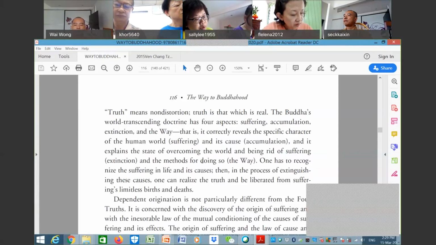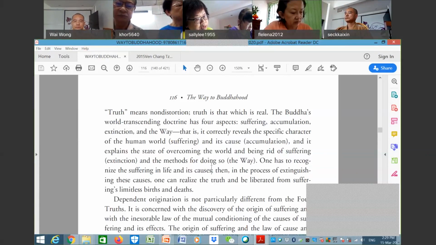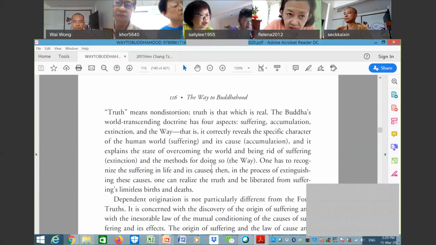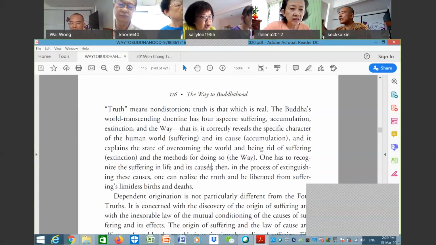One has to recognize the suffering of life and its causes. Then, in terms of extinguishing these causes, one can realize the truth and be free from suffering, limitless birth and death.